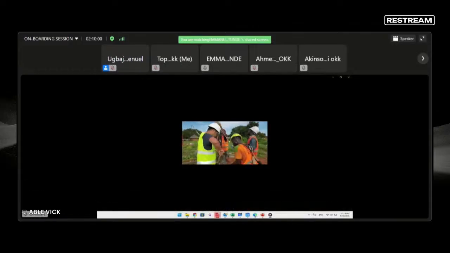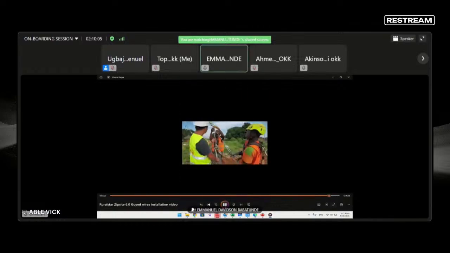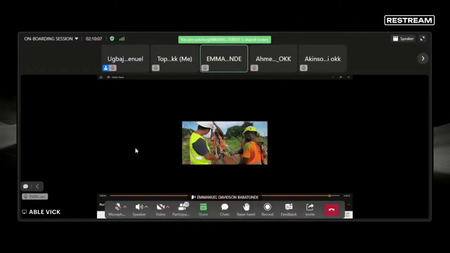So hope you understand this part. And if you check again, you can see the connector is installed at the tip of the U-bolt.